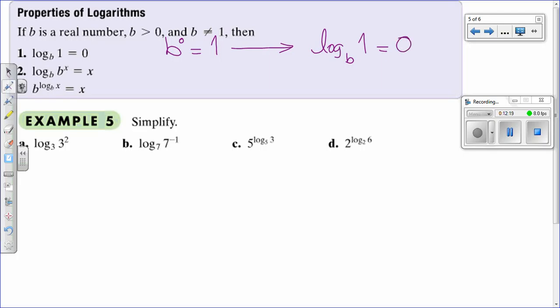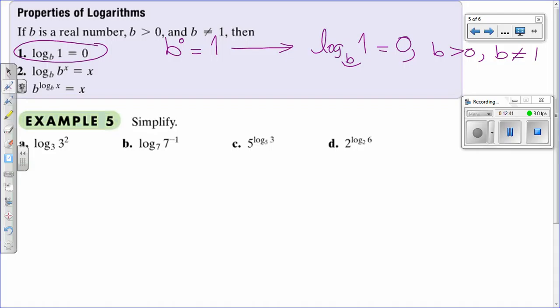So what it means here is that as long as b is greater than 0, any number except for 1, the log of 1 will always equal 0. So the log of 1 is always 0. It doesn't matter what the base is.